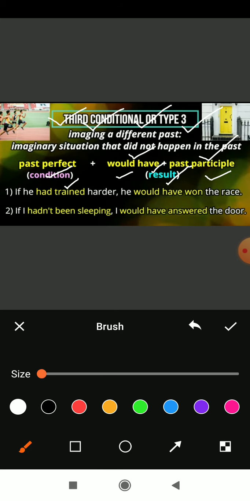Now let's discuss some examples. Listen carefully. For example, if you had worked harder, you would have passed the exam. If you had worked, had plus work plus ed, past perfect, harder, comma, you would have passed the exam. You would plus have passed.